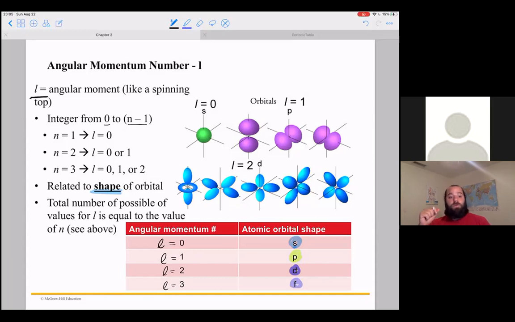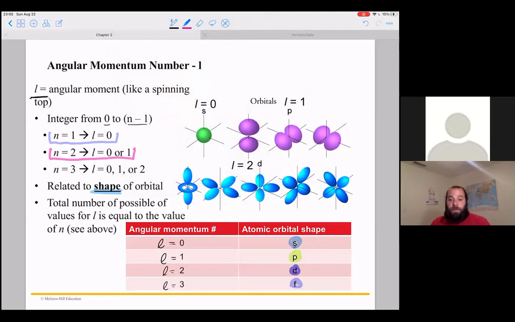So if n equals 1, the only L value that's allowed is L equals 0, right? So when we had a 1s orbital, notice we didn't have a 1p orbital, or a 1d orbital, or a 1f orbital. That's because of these rules here. Likewise, when n equals 2, L can again be anywhere from 0 to n minus 1, which means anywhere from 0 to 1. And again, think about it.